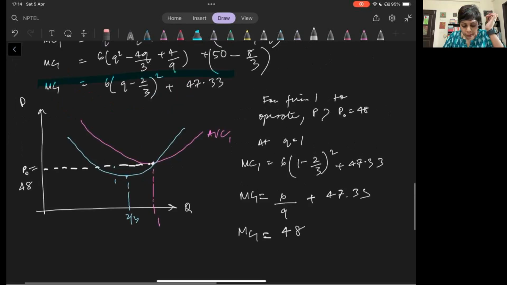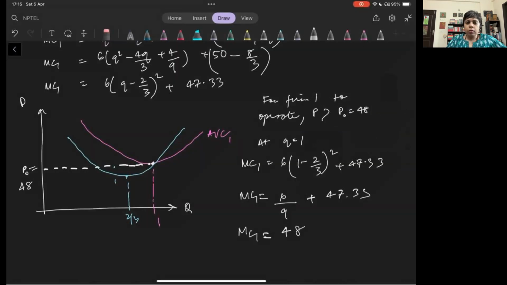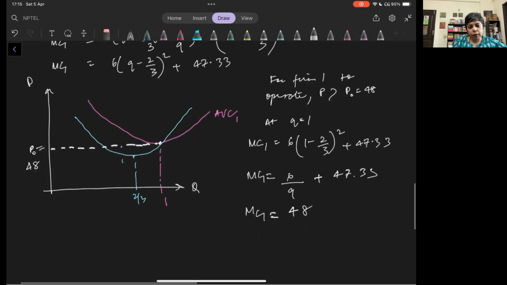Now, you see that in this particular case, the marginal cost curve is intersecting the average variable cost curve at its minimum. The blue curve I've drawn intersects the average variable cost curve at its minima.